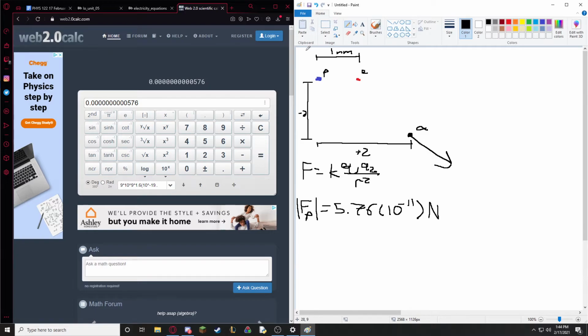And what's the angle here? Let's say this angle with respect to the x-axis of the force from the proton? It's 45 degrees. So if we wanted to break this into x and y components, how would we get the x component?